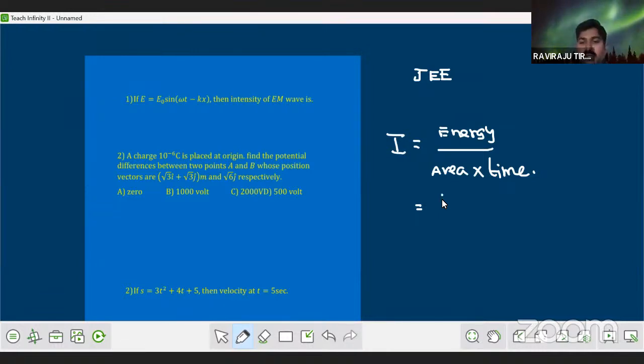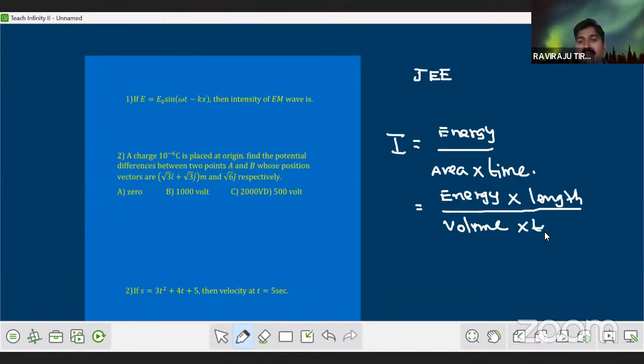Area. So to get volume there, you can write energy into some length quantity in the numerator. In the denominator also, if you multiply with length quantity, you will get area into length, which will be volume. Into time will be the same.